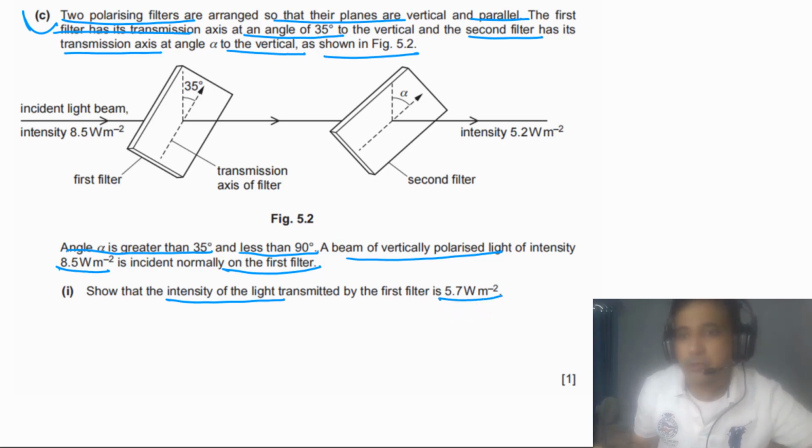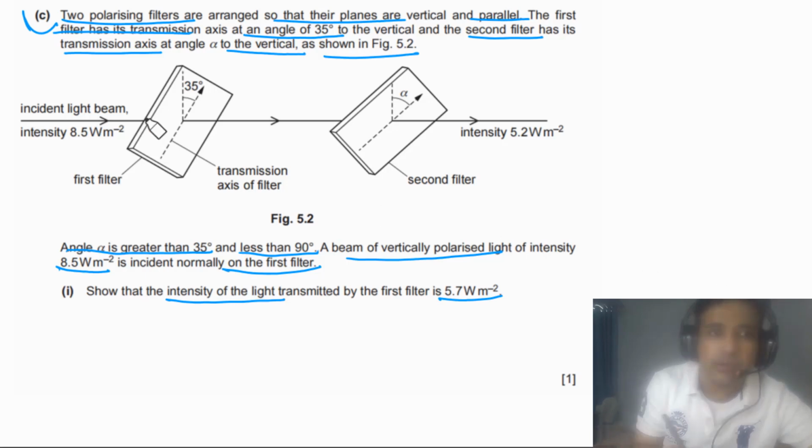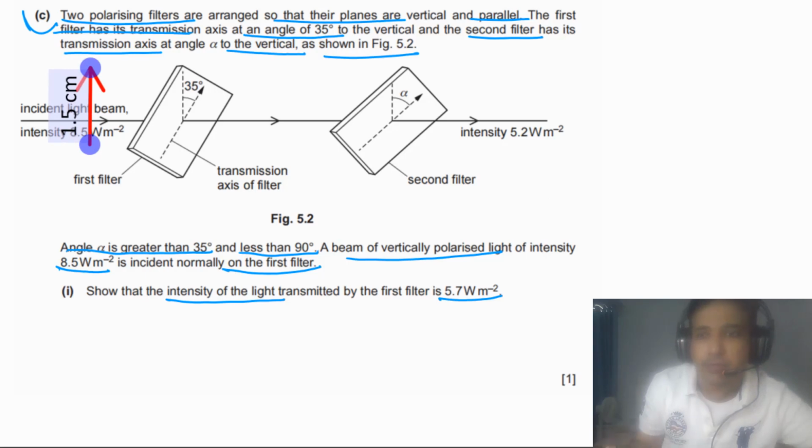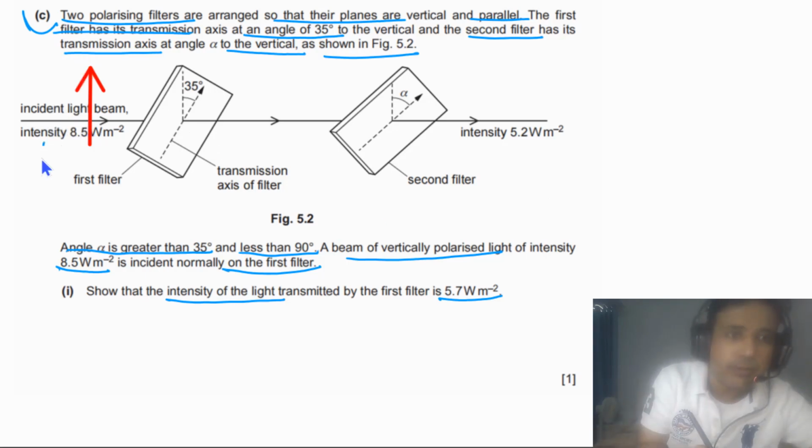So for this question, first of all, it is given to us that this light is vertically polarized. So we can draw this arrow here. So we have vertically polarized light. We can also say the intensity of this is I naught, and I naught is equal to 8.5 watts per square meter.